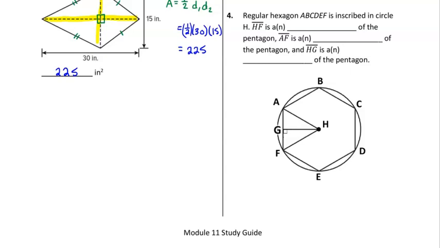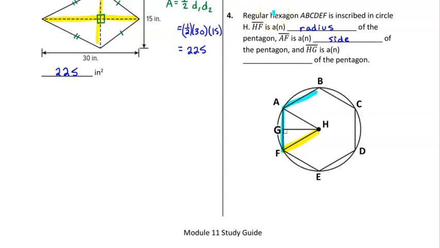And if we look at HF, it's going from the center all the way to the point on that circle, and so that means it's a radius. So HF is a radius. And then we've got AF, and that's going to be a side of that pentagon.